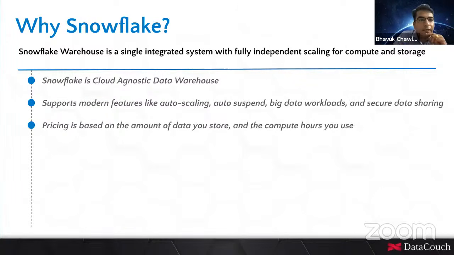Let's say when you are at the red light, you can turn off the car because you are not right now driving, you're just waiting. Same thing, when no queries are running on your warehouse, you can turn off the warehouse so that you are not spending money. So you have auto suspend functionality in Snowflake through which you can optimize the cost. And as soon as you fire a query on Snowflake, it will auto resume.